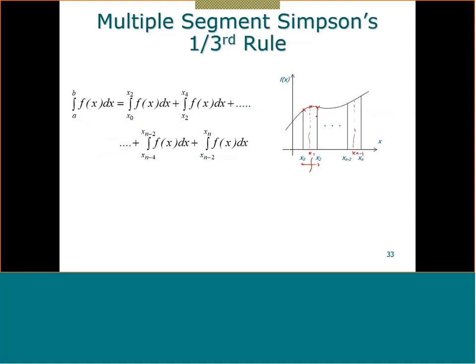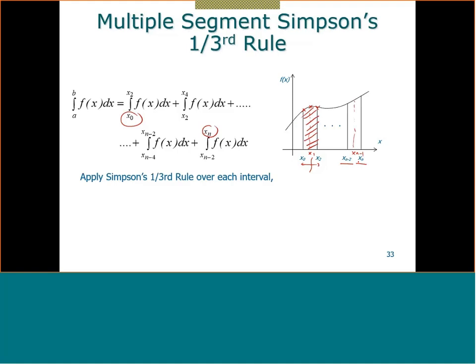So the integration from the start to the end, from A to B, or from x0 to xn, I will take as the integration for each sub segment. So it's from x0 to x2, and we know that this is 2 segments by itself, plus from x2 to x4, until we reach from x(n minus 1) to xn.